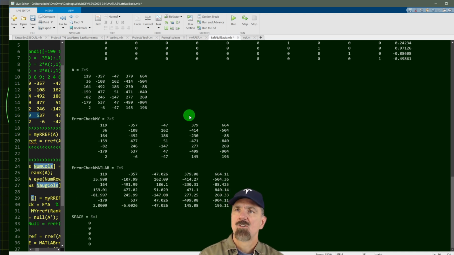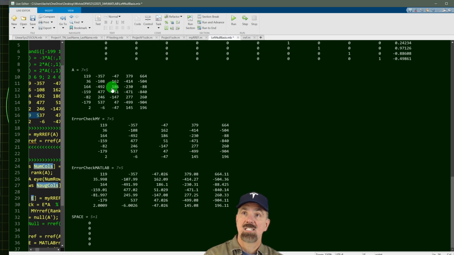So let me just show you for completeness sake what we're talking about with respect to accuracy. Here's the original A matrix. Here's the reconstruction of the A matrix using the elimination matrix that I have along with the RREF. I get this. This is MATLAB's recreation. You'll notice that it is not nearly as accurate. It has significant errors.